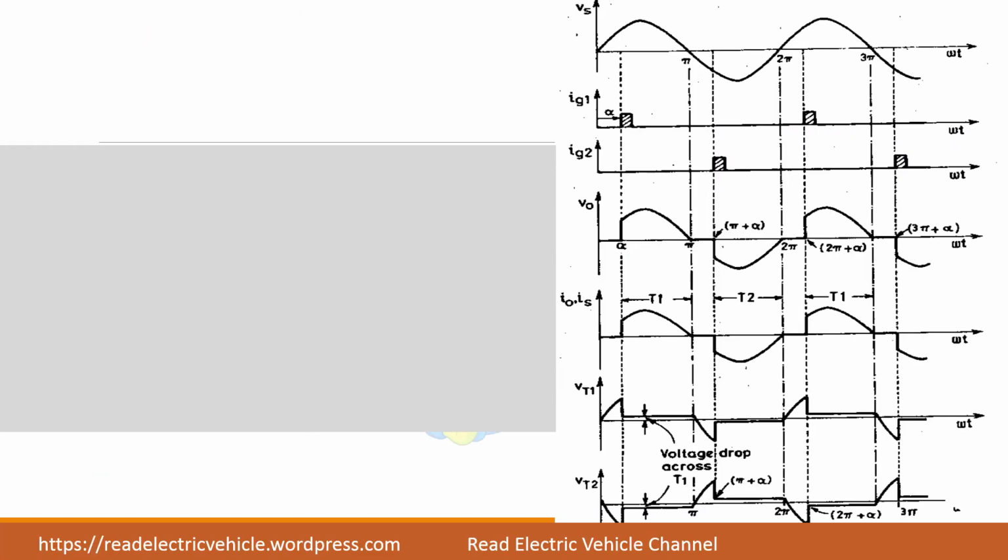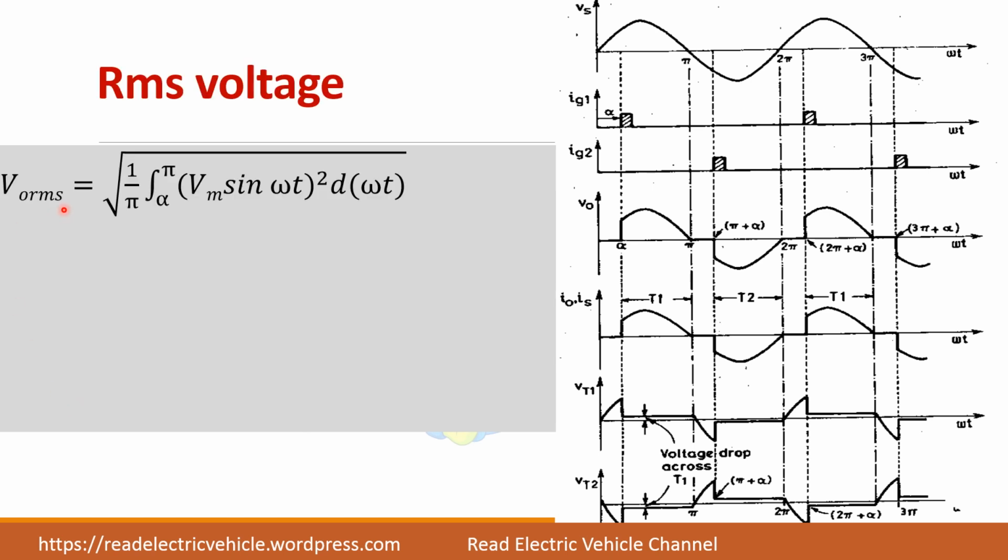Let us derive the RMS equation now. V0 RMS is equal to square root of the total time period. Let us take half cycle alone because the waveform is symmetrical. So 1 by pi, and the limits are alpha to pi because the waveform is available only for this period, alpha to pi, and this is the source voltage Vm sin omega t whole square into d of omega t.